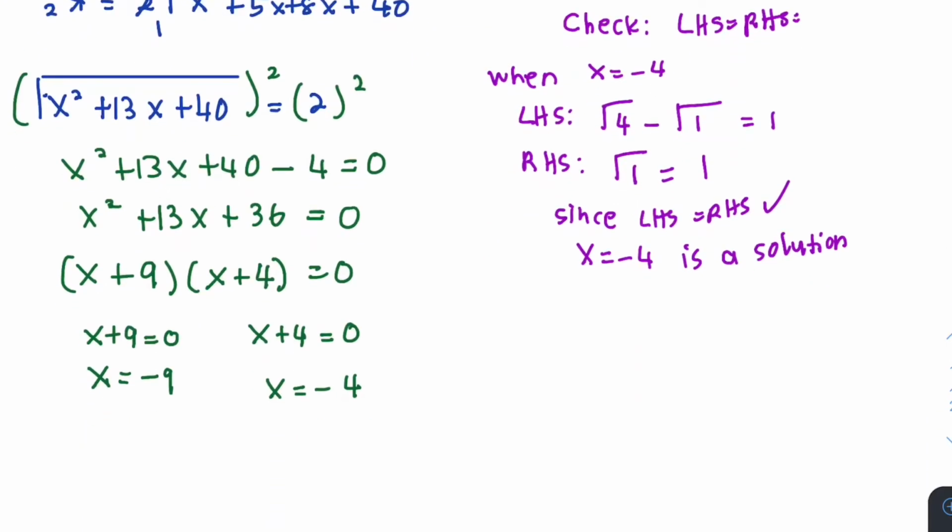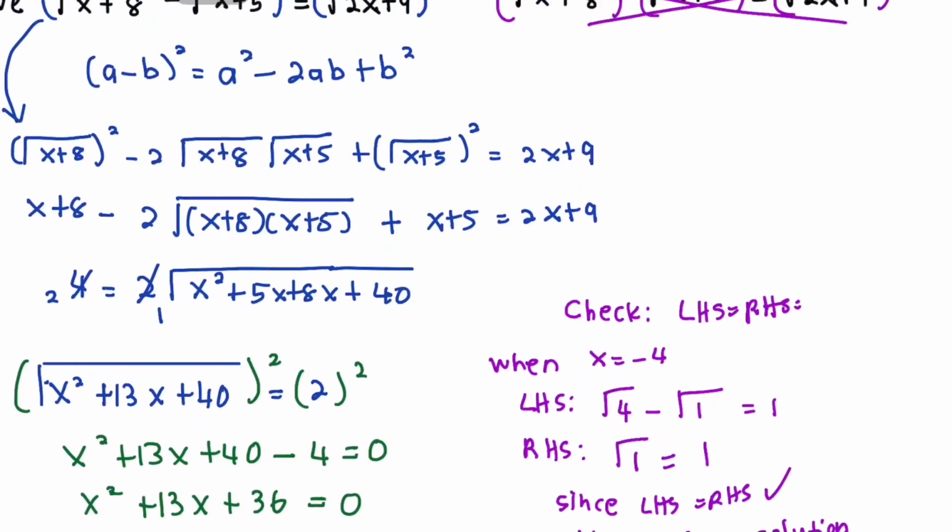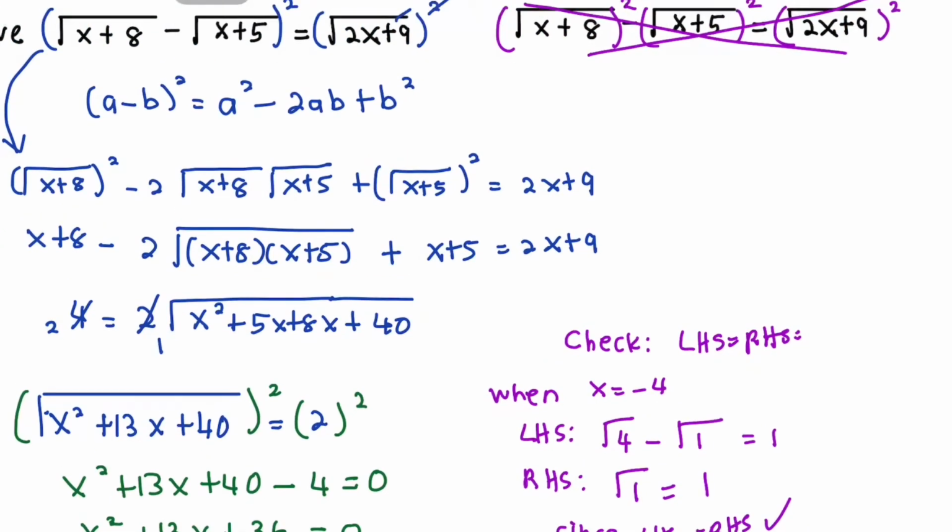How about when x equivalent to negative 9? So check, if you substitute negative 9 into the equation, negative 9 plus 8 will give you negative 1, which is already undefined.